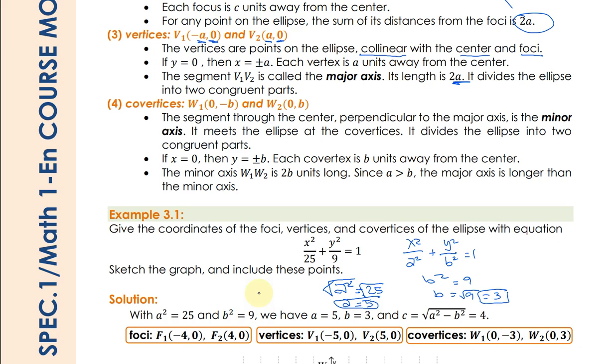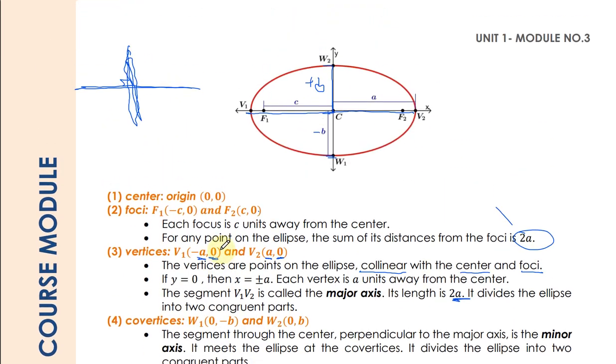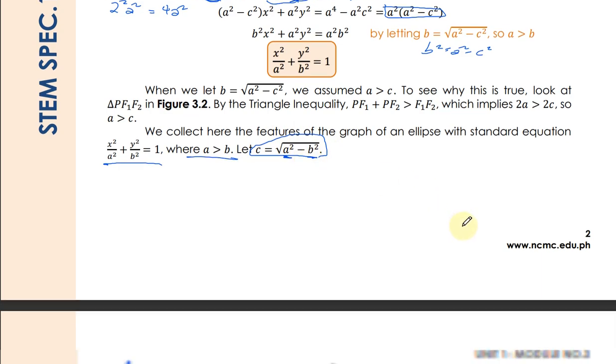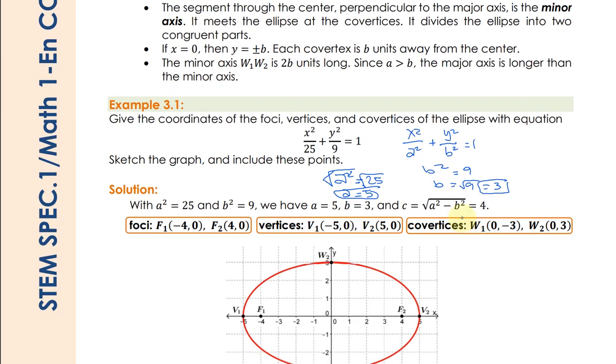How about ni c? Sige to si c, so natay formula nga c is equal to square root ni a squared minus b squared. So ingana na siya. So natay c is equal to the square root ni a squared minus b squared. Sige si a squared is 25, no?